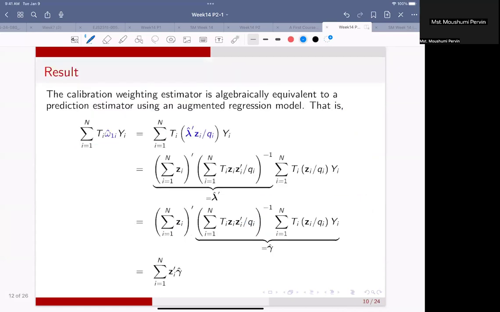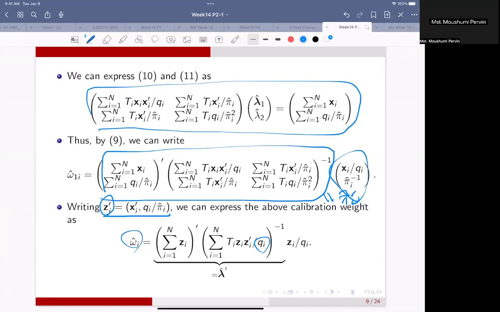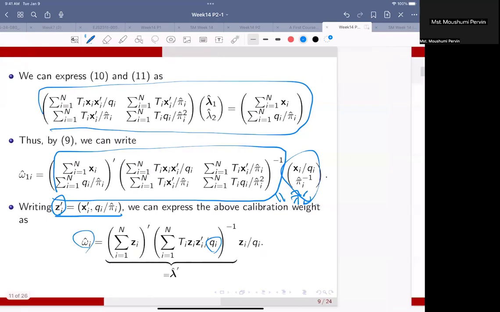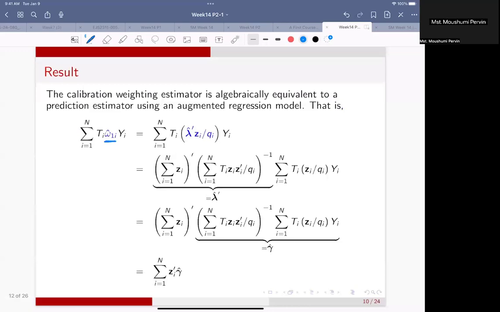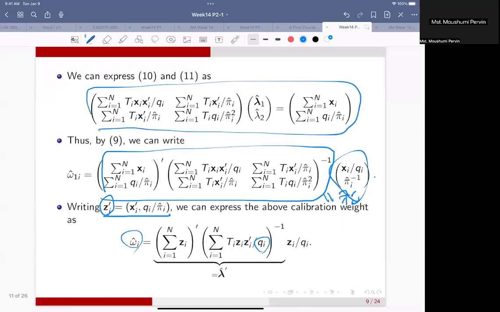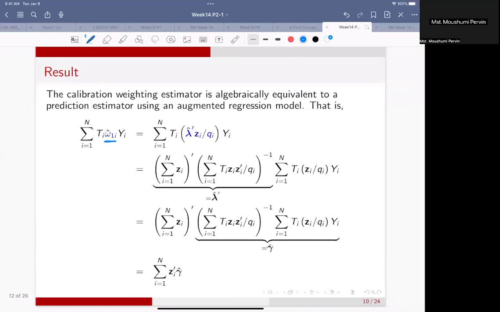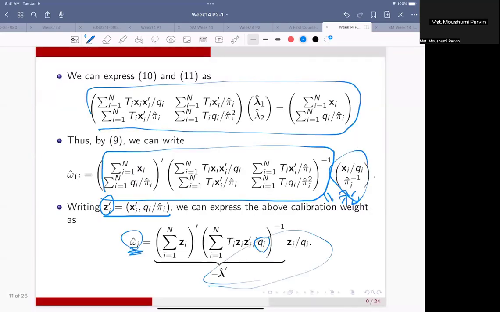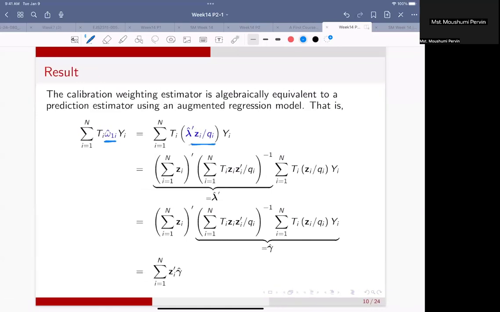So this is the form of the weight, and now we want to plug this form into the calibration estimator. You have this form, which is a linear form. So this is a regression weight, and lambda can go outside the summation.